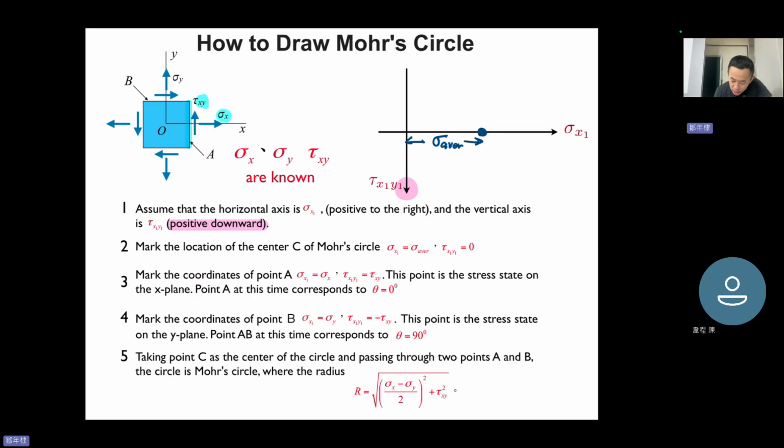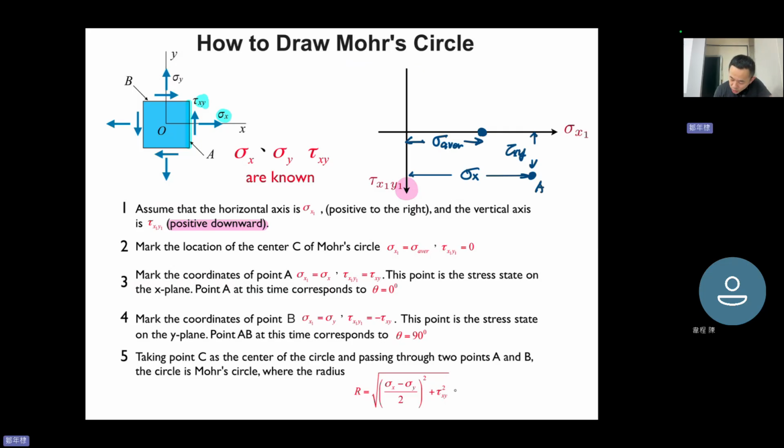So you see your sigma x is positive, right? So your sigma x will be maybe here, okay? And this is tau xy. And remember, the tau xy here is positive. So this is positive downward, okay? So this point we call A.